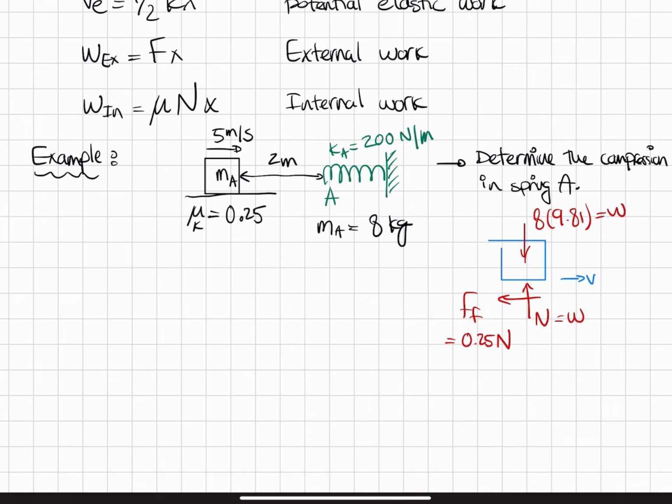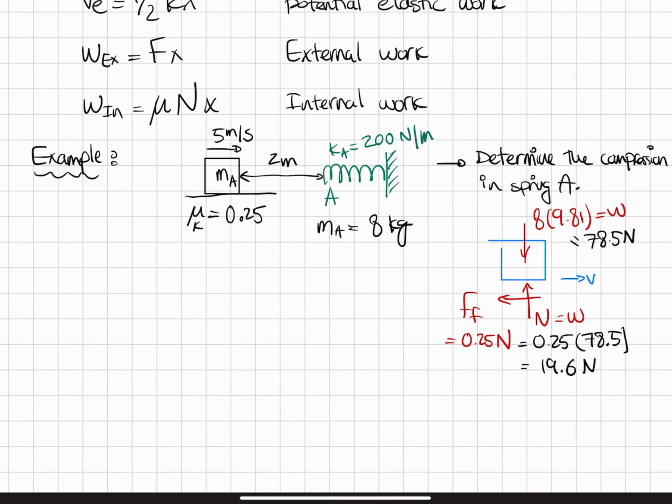Okay, so we have this. Let's see. 8 times 9.81 is approximately 78.5 newtons. So here you have 0.25 times 78.5, like that. And so if we do the algebra correctly, we have 19.6 newtons.